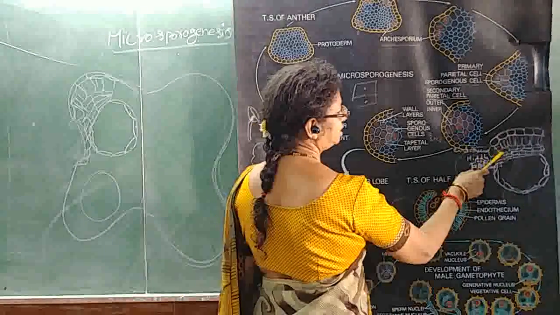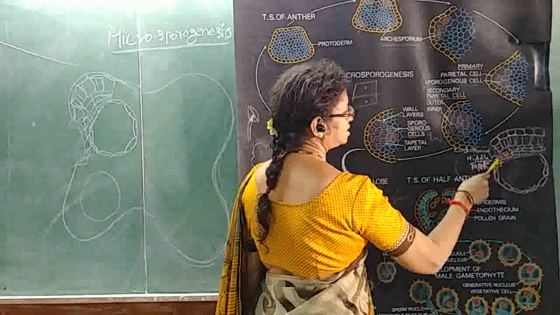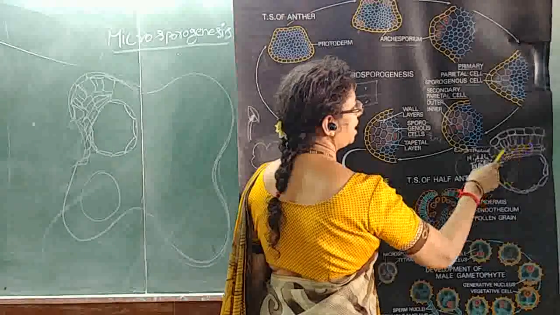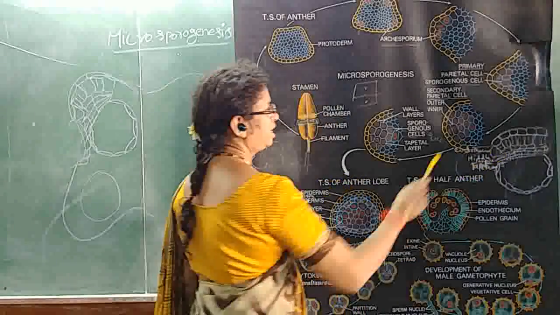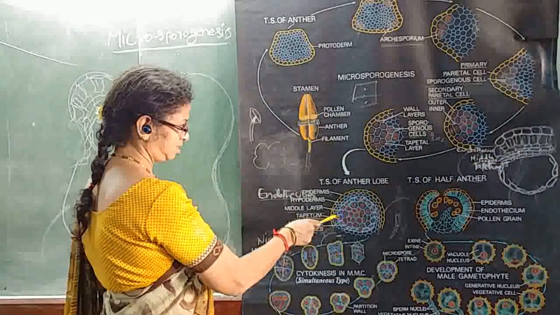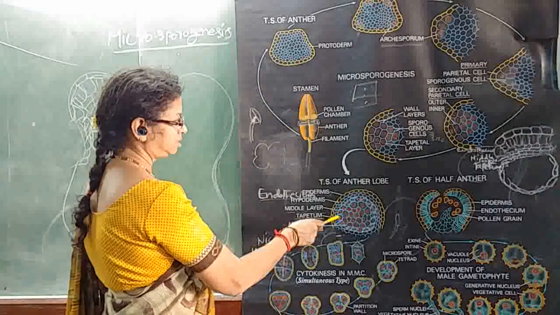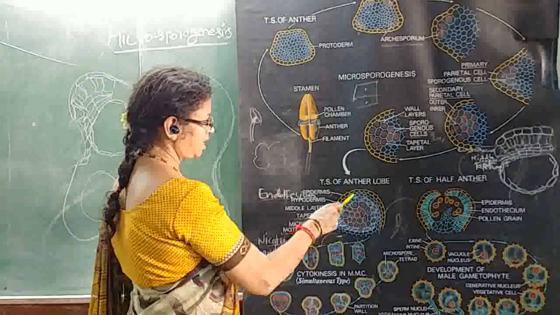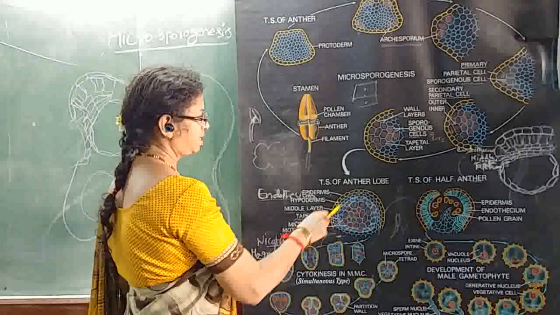Next to the endothecium, the parietal cells form middle layers. The middle layers are present, 2 to 3 layers in number, and these layers are ephemeral in nature.